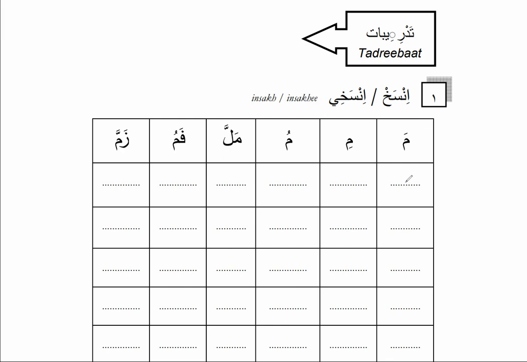So when you write meem, know that you start from above, making a circle, and your stroke will be clockwise. Then making a half circle and resting on the line, you go back to the left and make a tail and go down the line. I will make it again.